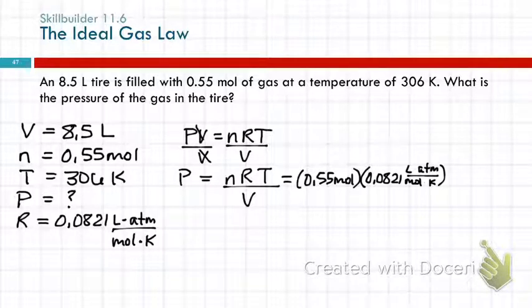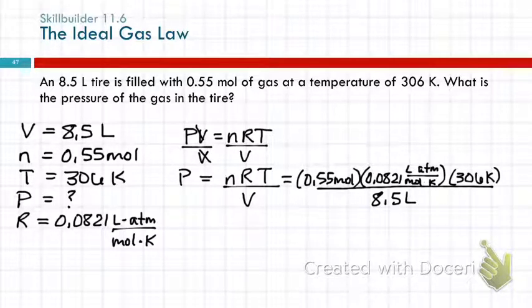Temperature is 306 Kelvin divided by the volume, 8.5 liters. So pressure equals, we'll do the math, 0.55 times 0.0821 times 306 divided by 8.5 equals.